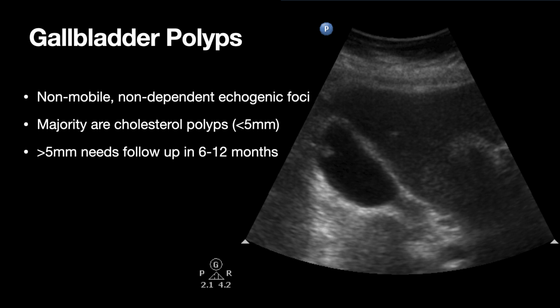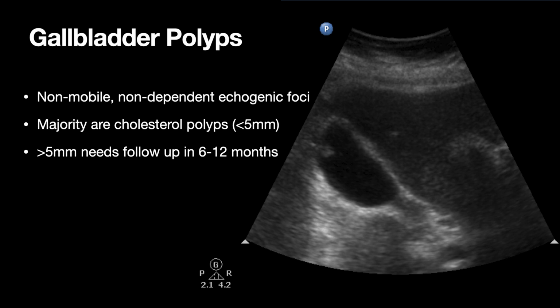The ones that are small tend to be pretty benign. If you have this pedunculated polyp, not a huge deal. It does need follow-up to make sure it doesn't become something bigger and worse. However, as the polyp gets bigger, that increases the risk that this is not just some benign pedunculated polyp, but a malignant lesion.